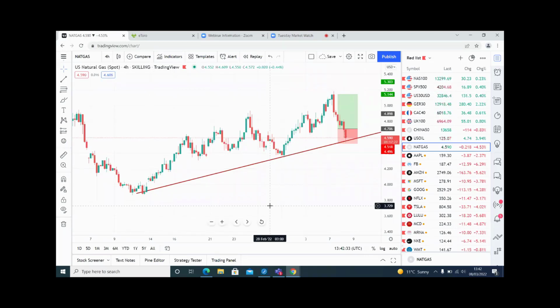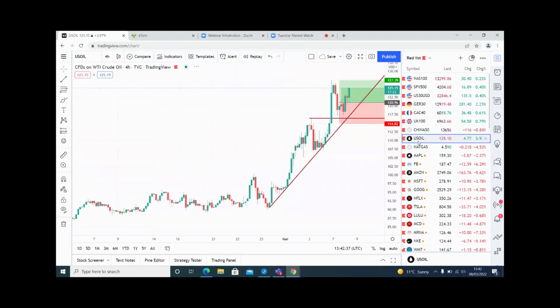And just to give you an idea of what the oil trade looked like. So there was the oil trade there. Oil's had a little spike since we talked. So instead of being 0.4 up, you're now probably about 0.6, 0.7 up.